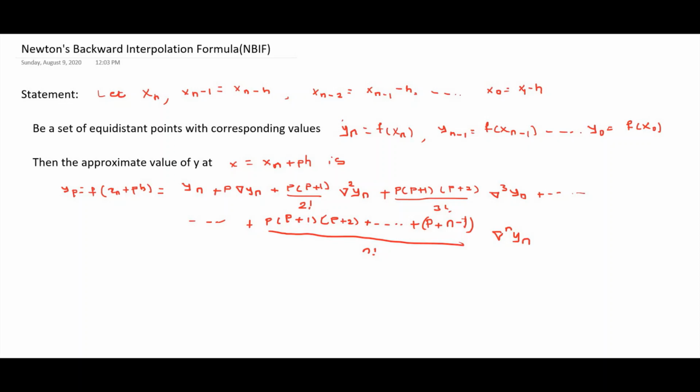Note, to prove this Newton's backward interpolation formula, we can use the formula 1 minus x raised to minus n is equal to 1 plus nx plus n into n plus 1 divided by 2 factorial into x square plus n into n plus 1 into n plus 2 divided by 3 factorial into x cube plus and so on.